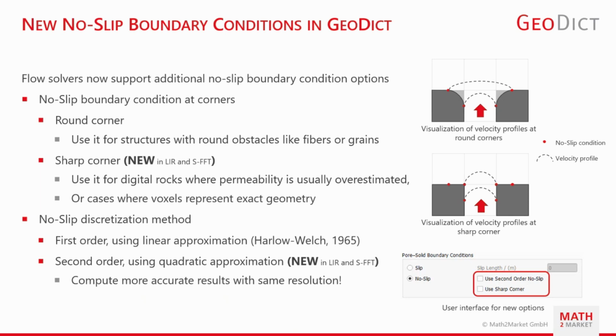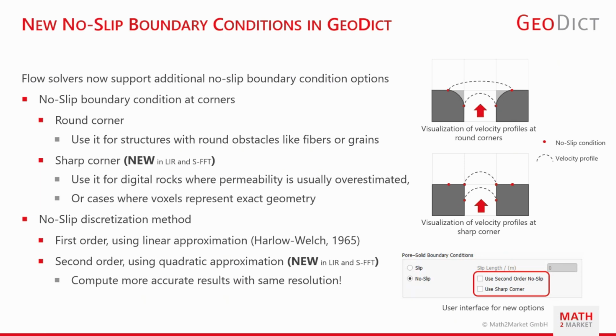And what you can do here, you now have the freedom to choose where the no-slip condition should be applied. In the center of the slit, it's clear you want the no-slip boundary condition right at the no-slip interface on the left and right side of the wall. But what should we do after this corner? And now we have two options.